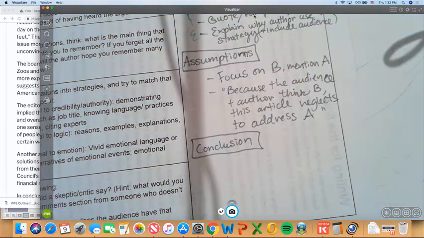What do you put in the conclusion? Yeah. So it's evaluating the article, and you're going to want to bring in the things that you've been discussing throughout the paper.